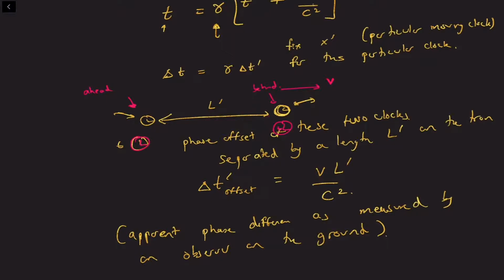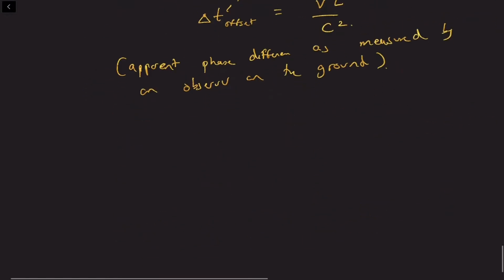Now let's try to understand intuitively, from what we've learned about time dilation and length contraction, why there should be such an offset. So let's imagine that we are now trying to synchronize clocks on the train.